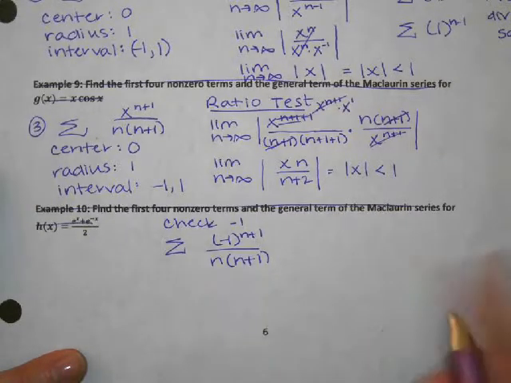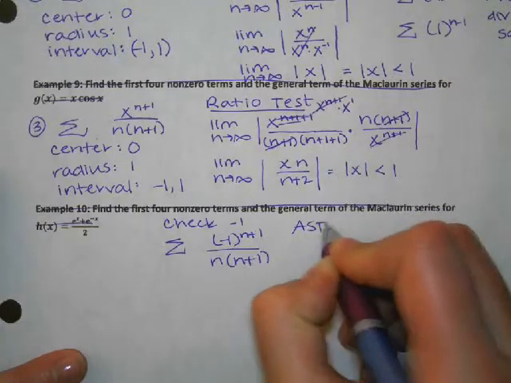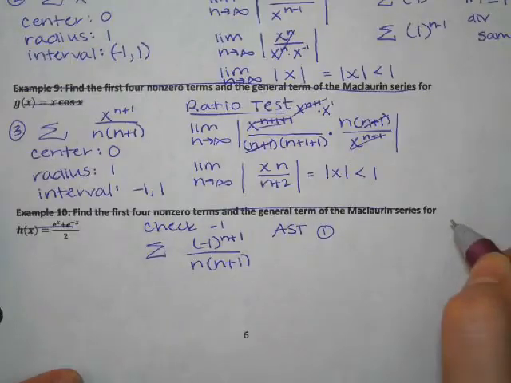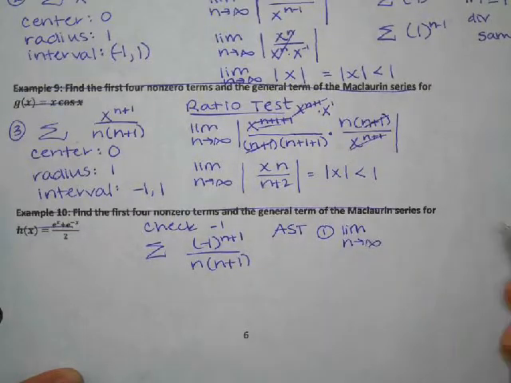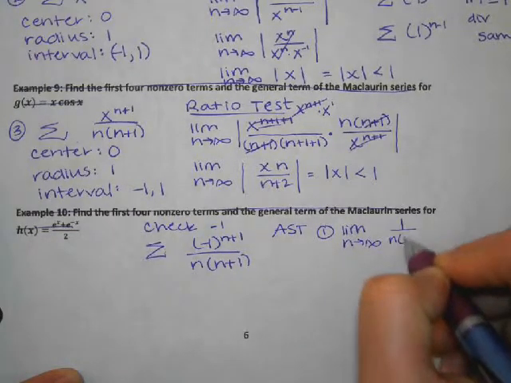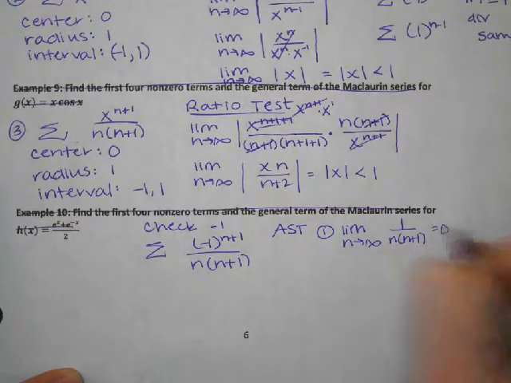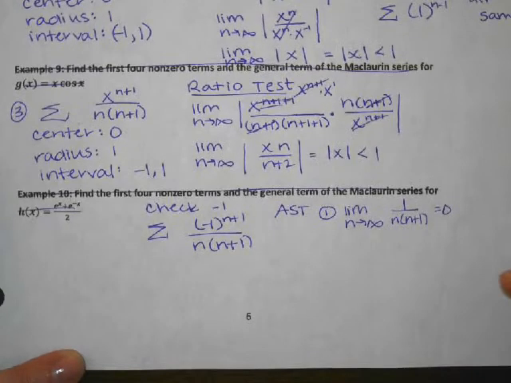Alternating series, AST. And so we'd say the limit as n goes to infinity of 1 over n times n plus 1 is definitely 0, so it hits that condition.